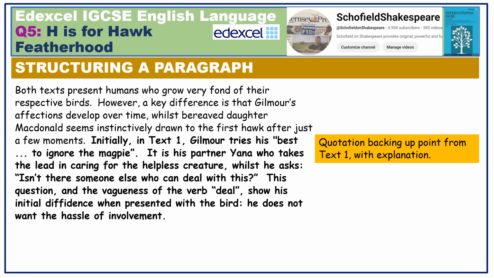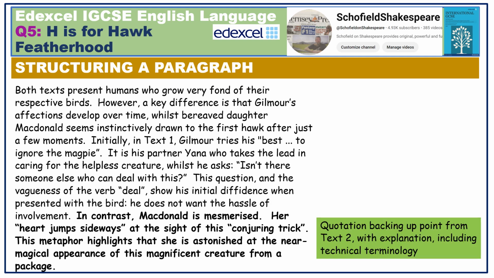Next, turn your attention to text 1, include a quotation and then explain it. Then compare that point with the second text, include a quotation from that text and then analyse that quotation briefly using subject terminology.